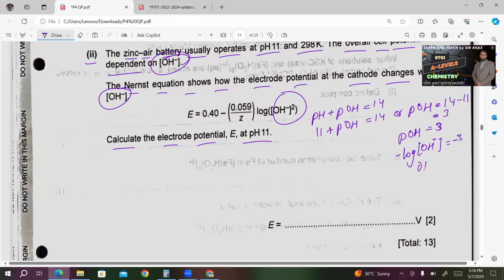OH negative ion is 0.001. So the concentration of OH negative ions is 0.001.